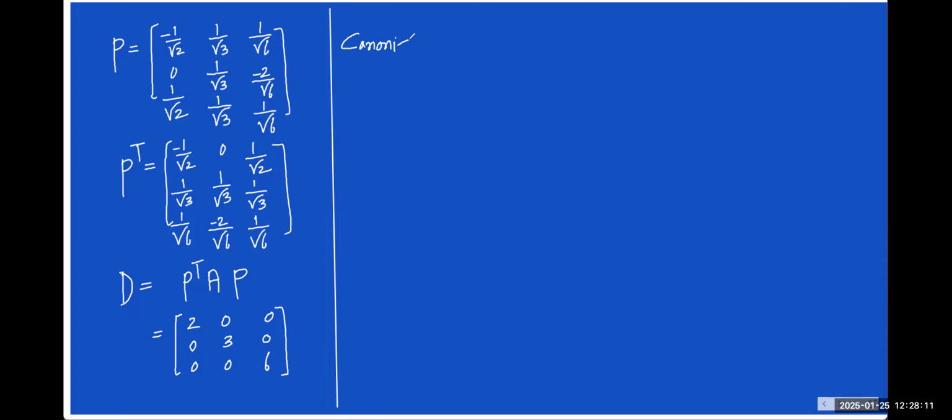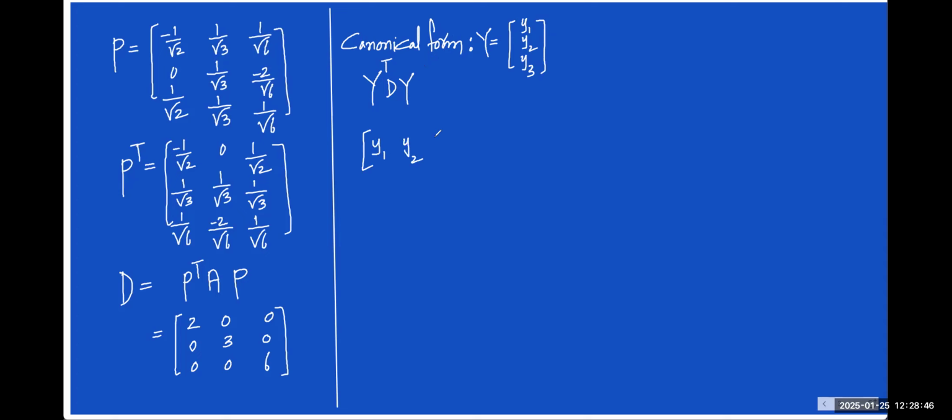Canonical form. The canonical form formula is Y transpose into the diagonal matrix that I am getting, into Y, where capital Y is equal to Y1, Y2, Y3. For this also I will give you the shortcut. Y transpose means it will be like that: make the column a row.